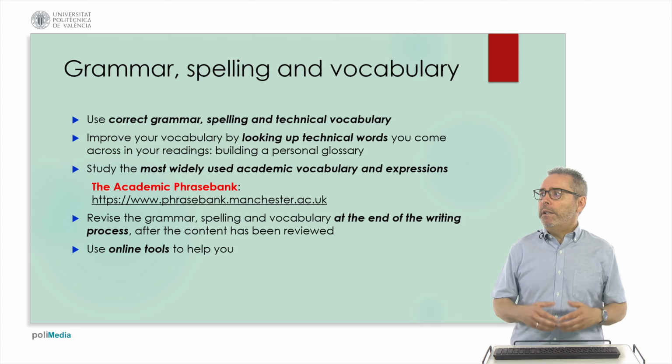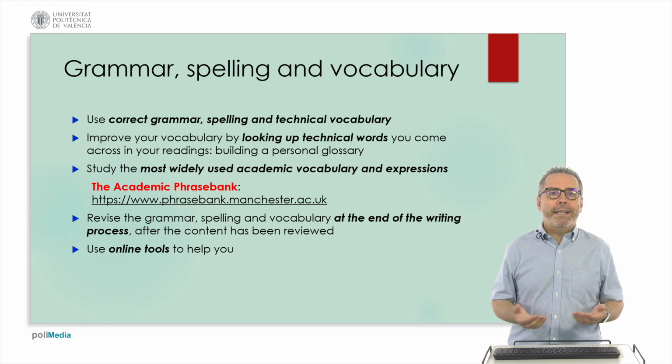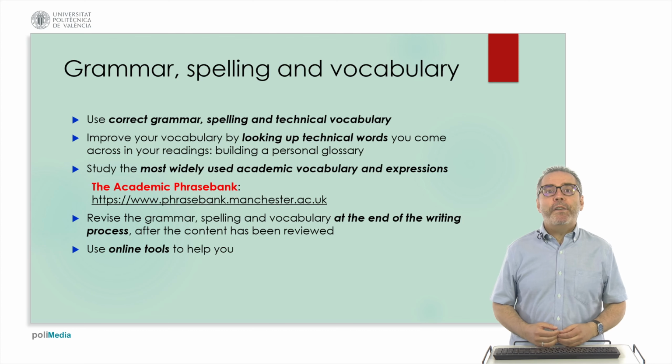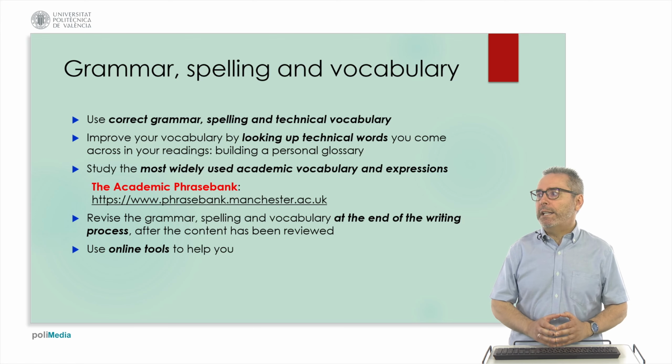For example, you have to use the most widely used academic vocabulary and expressions, and we have here a document which is online. It was developed by the University of Manchester in the UK, and it is called the Academic Phrase Bank. It's a large document, but very well organized, where you can find basically the most important phrases and expressions that you can include in the different parts of your academic text.